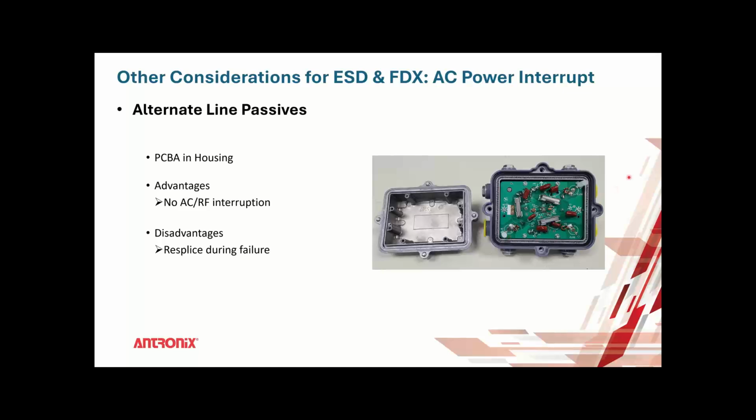And you can get a new line passive, take it out of that housing, and press fit it into here, and screw the captive screws back into the housing. So this way, when you remove the faceplate, you're not interrupting AC, and you're not pulling down the whole node for 10 to 15 minutes during RPD reboot.